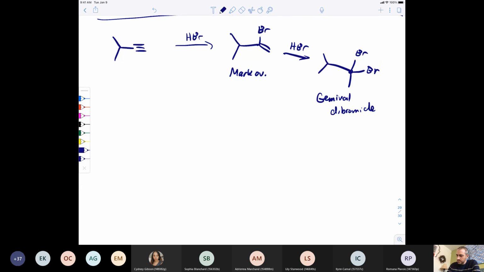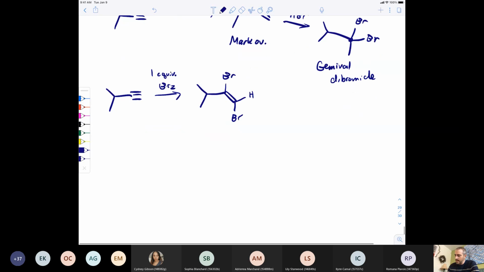The other one is reaction with Br2. If we say like 1 equivalent, that means 1 Br2 for every 1 starting molecule you have. That will give you addition like that.